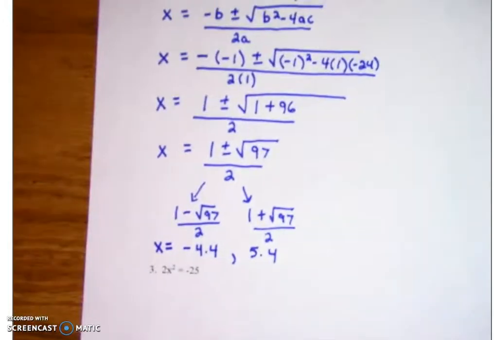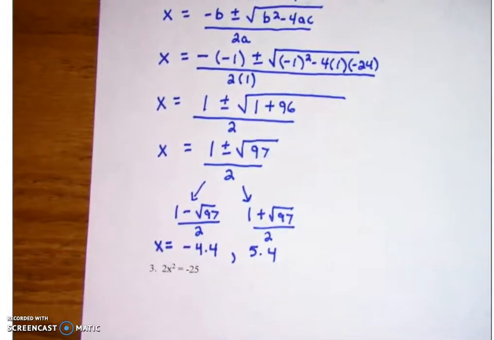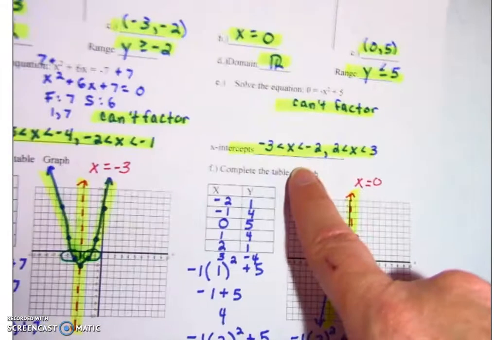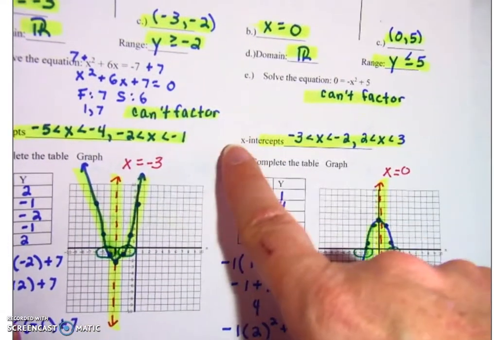So, what this means is, remember back a little while ago when you had to identify your x-intercepts and you couldn't factor it out? It was on, I can't remember, this lesson? When you had to identify and you had to use compound inequalities because you couldn't factor those?